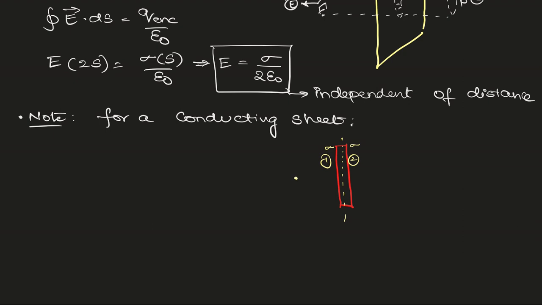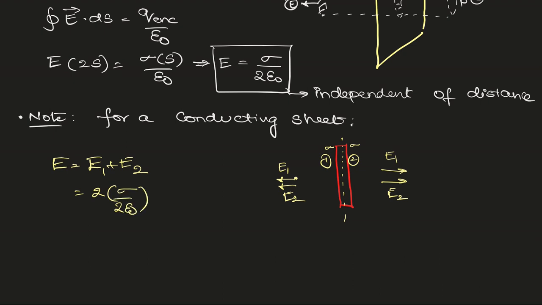So electric field in this region, due to both 1 and 2, if it is positively charged, will be directed away. So E1 and E2, and even here also they will be directed away. Net electric field will be equal to E1 plus E2. So that will be 2 times sigma by 2 epsilon naught, which is equal to sigma by epsilon naught. And of course inside it will be 0. Electric field inside a conductor, whatever may be the shape, will be 0.